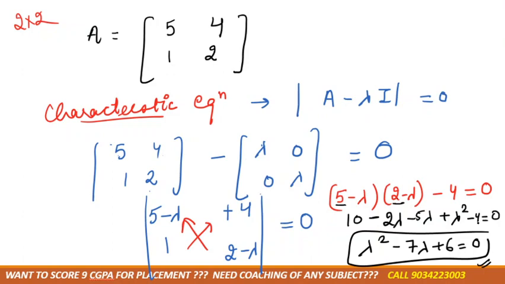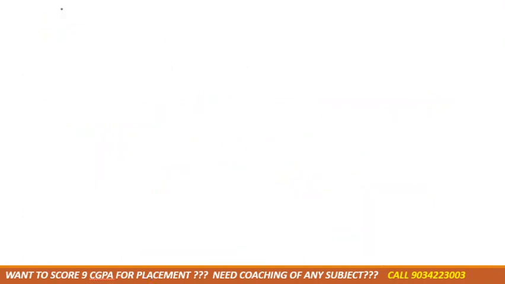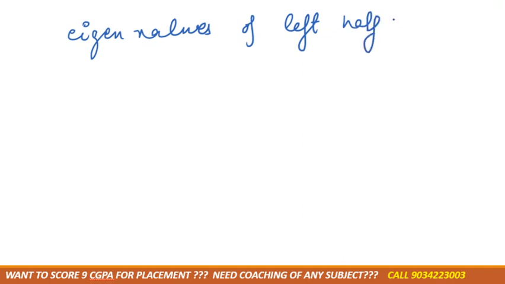So from here, calculate lambda. After solving, lambda is 1, which means these are the eigen values. Write down this point one more time: if you get eigen values on the left half of the S plane, then in that case your system is stable.